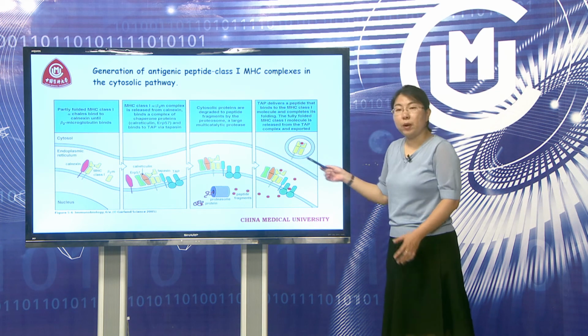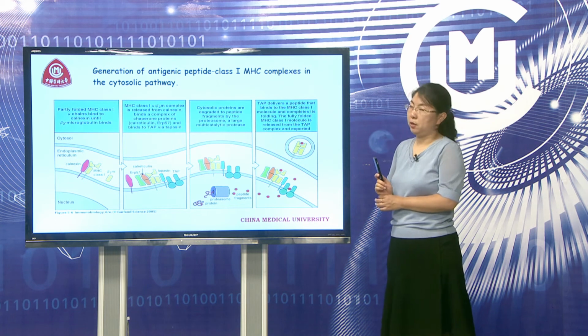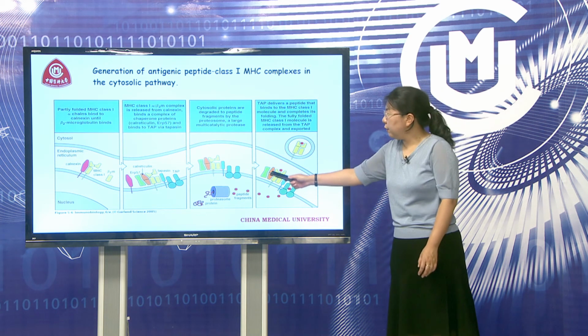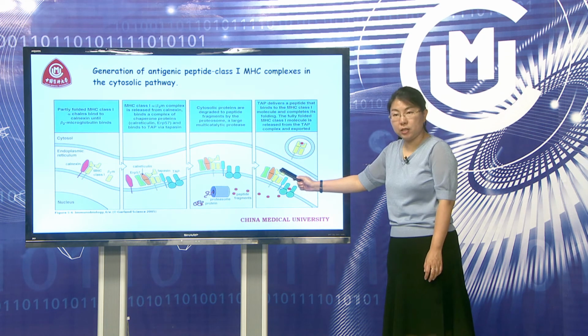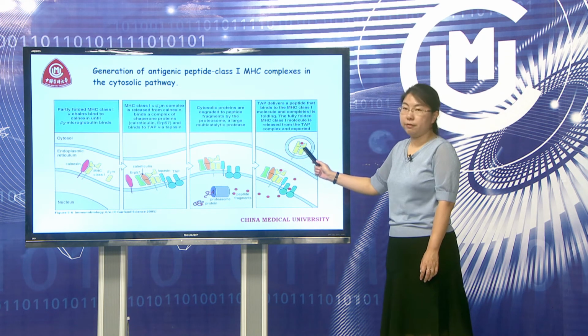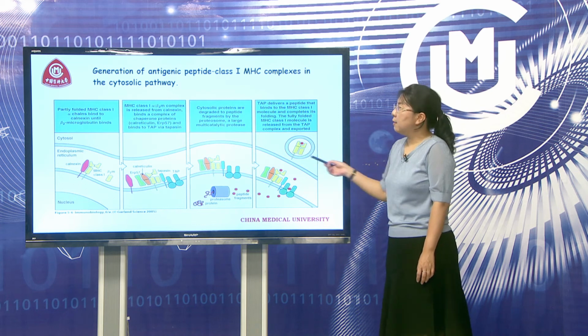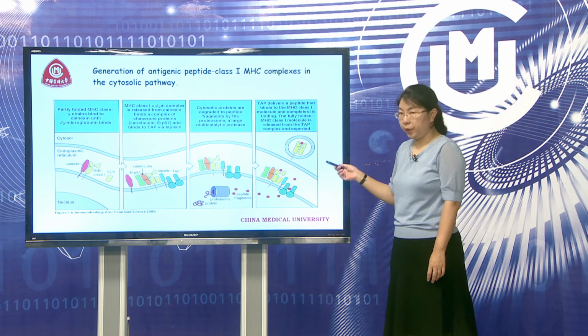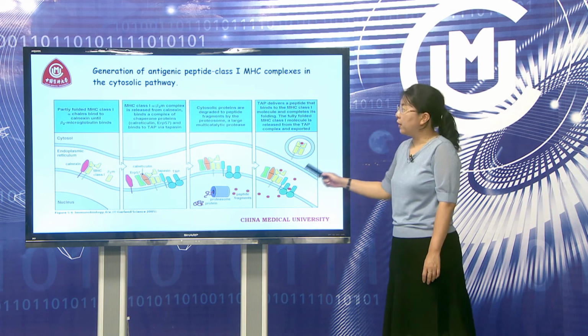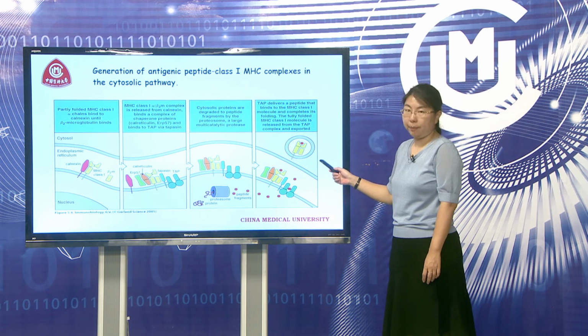They stabilize the structure of the MHC1 molecule. After the MHC1 molecule binds with the endogenous antigen, it moves to the cell surface. So this is the pathway for endogenous antigen presentation, which we call the cytosolic pathway.